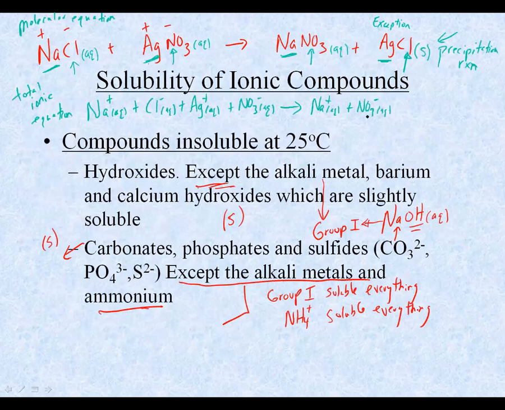And lastly, when we get to our silver chloride, as we talked about, in the total ionic equation, anything that's a solid stays together. So our silver chloride would be written together here and not broken apart.